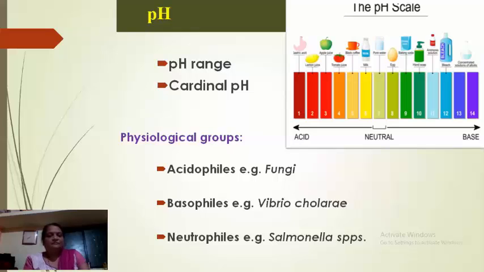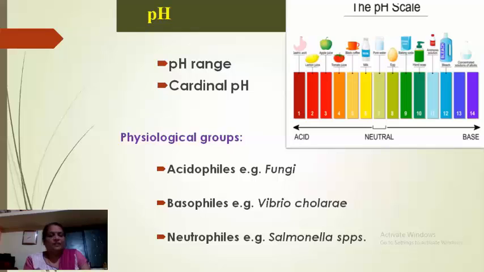For example, acidophiles. Philes or philic indicates loving. Acidophiles means acid-loving organisms. For example, fungi, yeasts and molds. These are acidophilic in nature. These are acid-loving organisms. Means these organisms favor acidic pH for their growth.